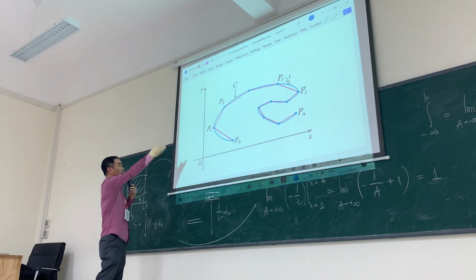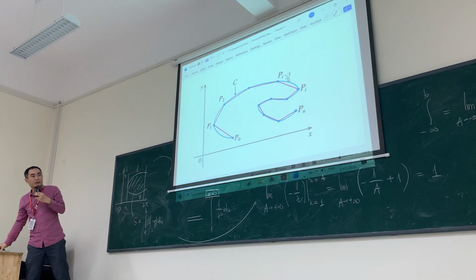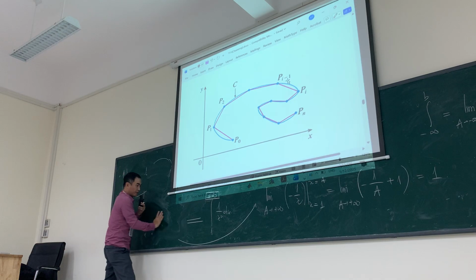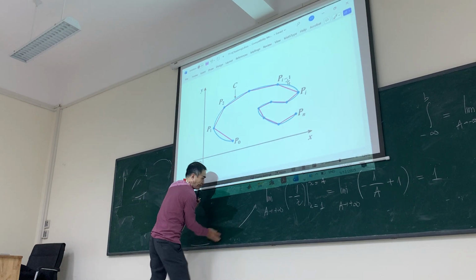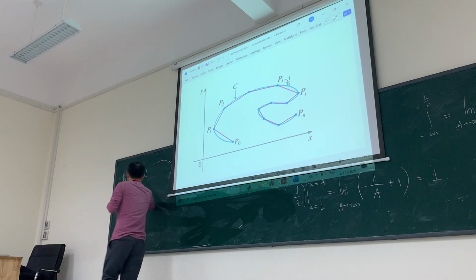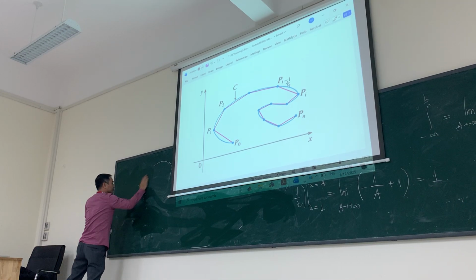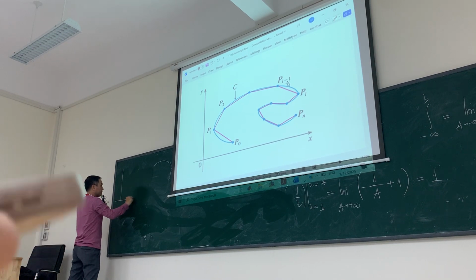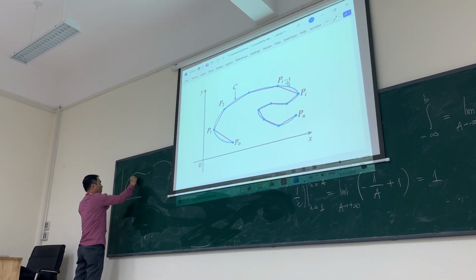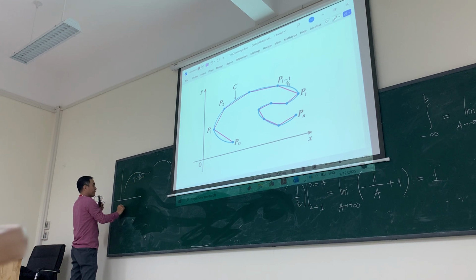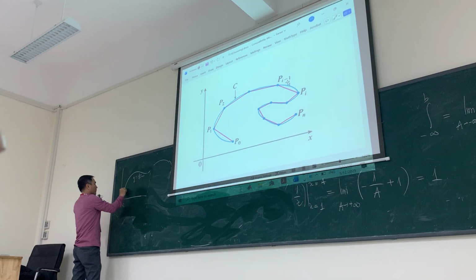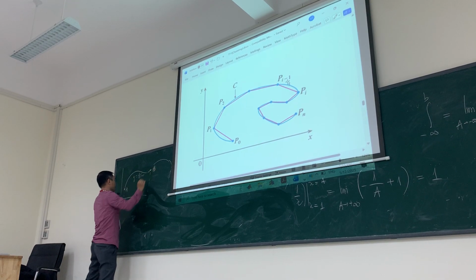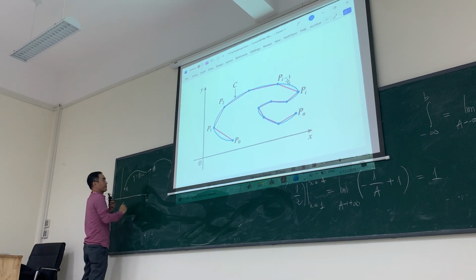So when we divide here, we have the formula related to arc length. Now, we can find the arc length AB, varying from a to b.